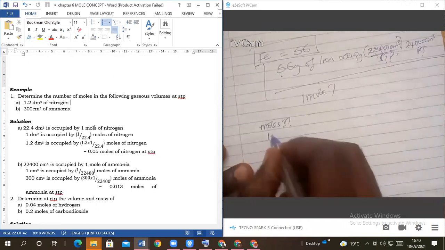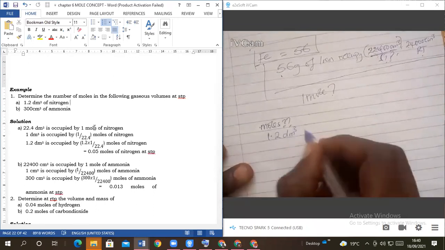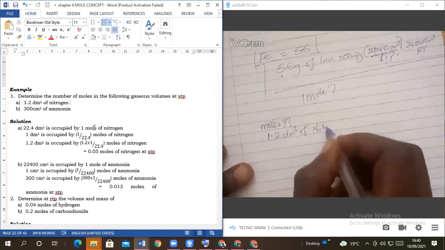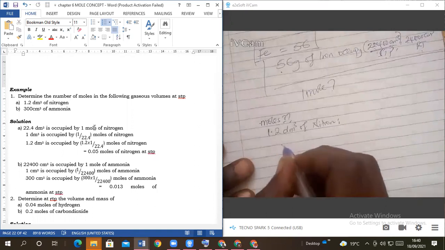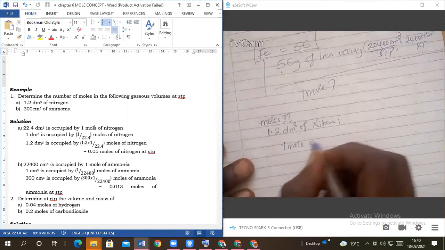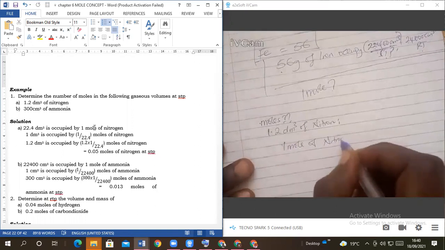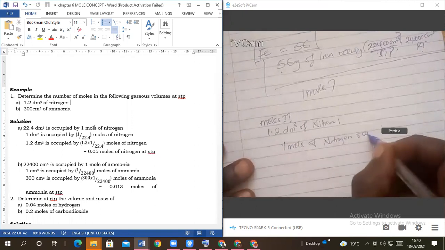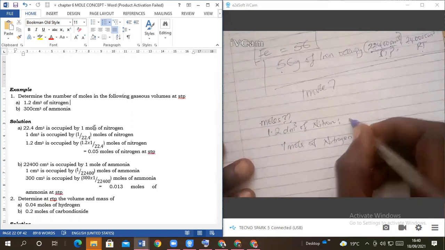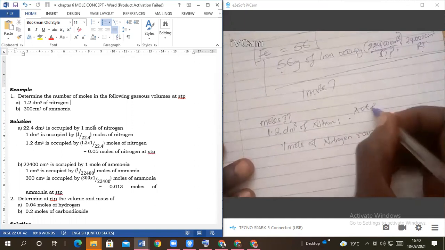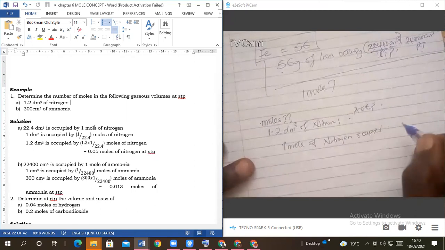So if they say 1.2 decimeters cubed of nitrogen, you know that from the relationship we had, 1 mole of nitrogen occupies what? This one is at STP.